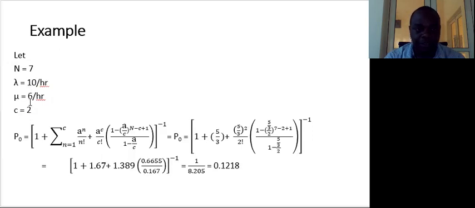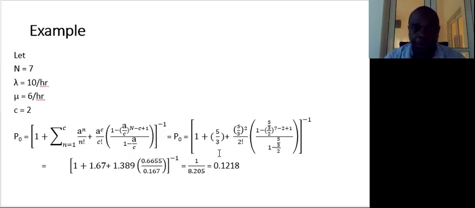When we divide through by 2, we have it as 5 over 3. That's why we have 5 over 3 here, plus 5 over 3 raised to power 2 all over 2 factorial, since C is equal to 2. Then multiplying 1 minus 5 over 3 all over 2 raised to power 7 minus 2 plus 1 all over 1 minus 5 over 3 all over 2, all raised to power minus 1.